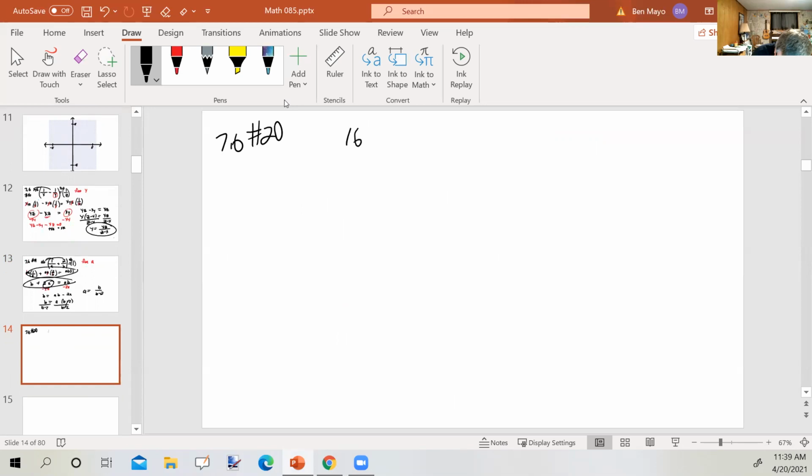We have 16 over A minus 16 over B equals 16, and we are to solve for B. Okay? So I'm going to multiply both sides by AB.